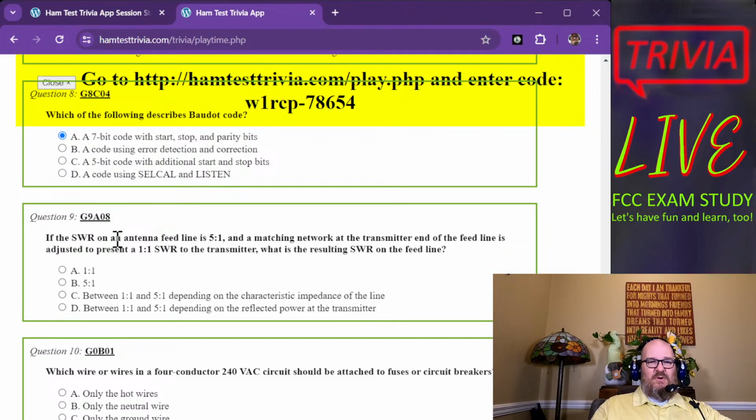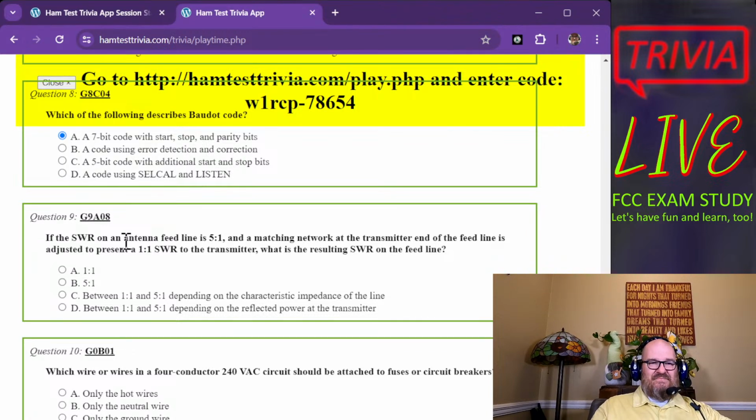If the SWR on an antenna feed line is 5-1, and the matching network at the transmitter end of the feed line is adjusted to present a 1-to-1 to the transmitter, what is the resulting SWR on the feed line?